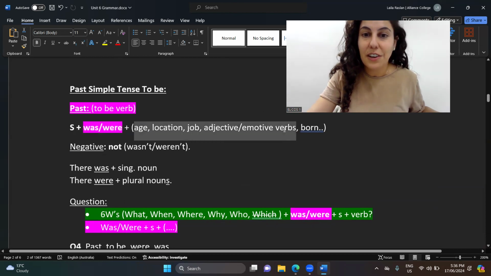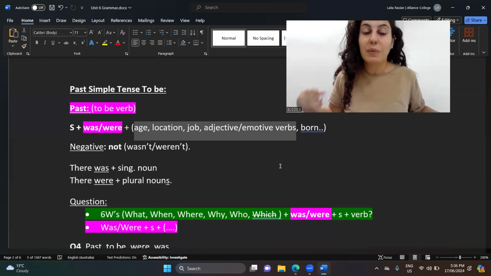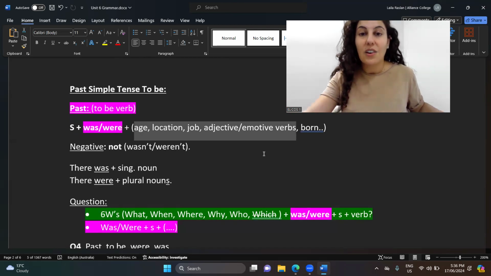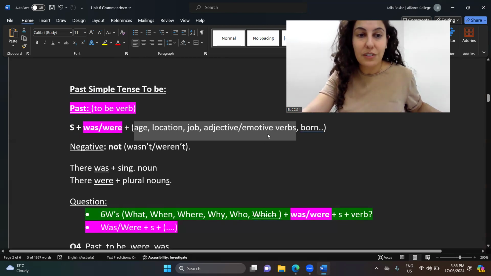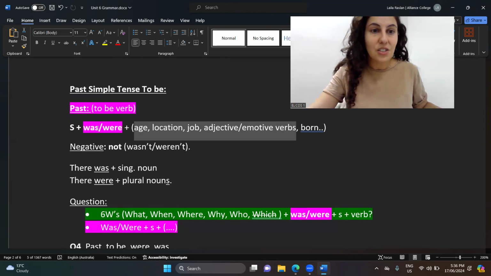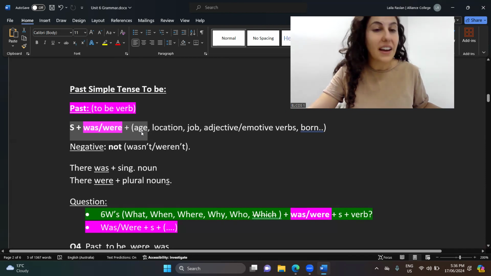And we use this verb when we talk about our age, when we talk about our place of location, when we talk about our job, when we talk about some adjectives, or a feeling, a motive verb, or maybe when we were born.